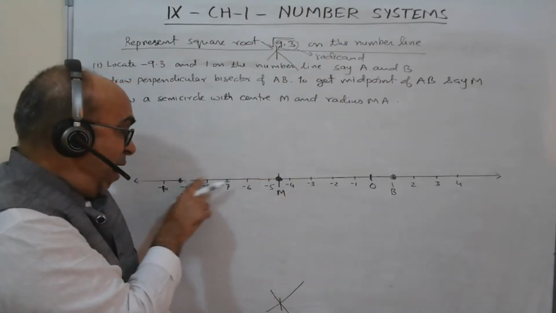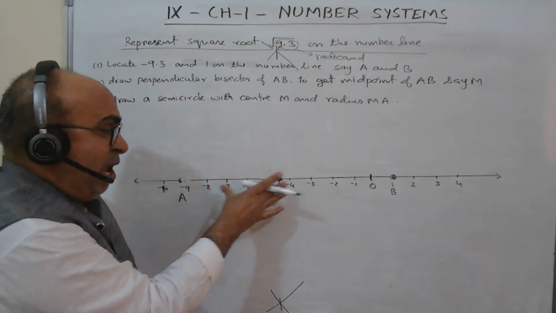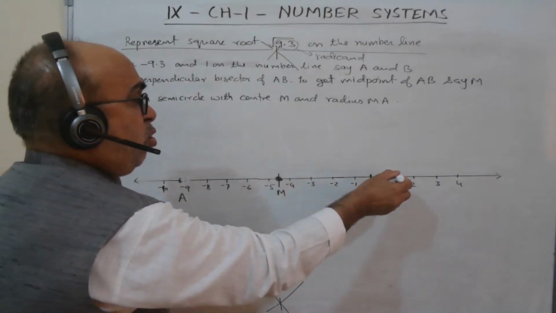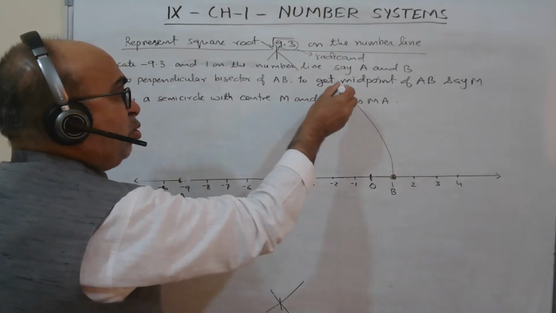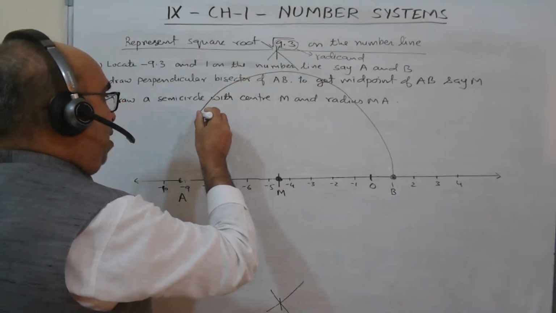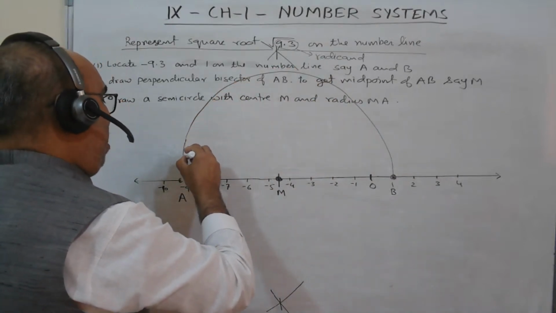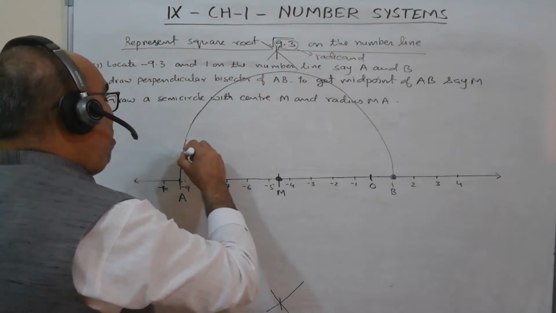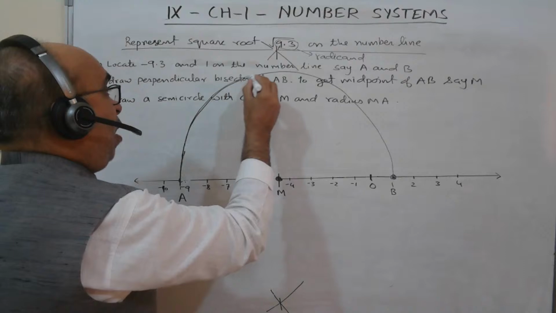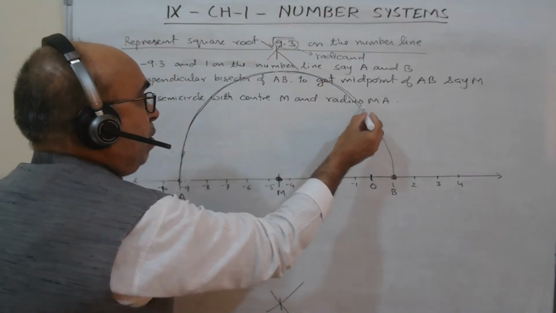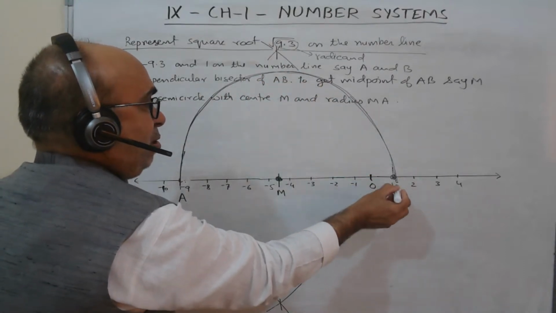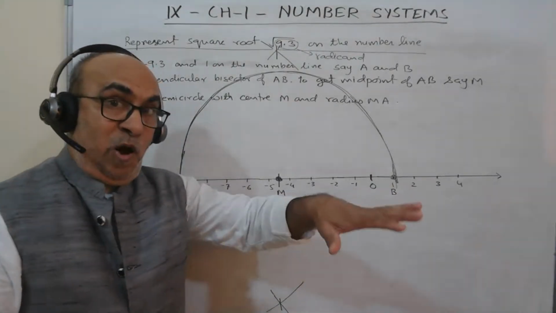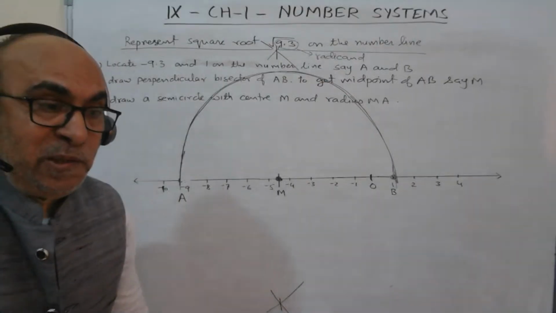AM is equal to MB. So if you draw the semicircle, your semicircle will pass through A and B 100%. So this is the semicircle. We don't have to complete the circle. We have to draw it above the line.